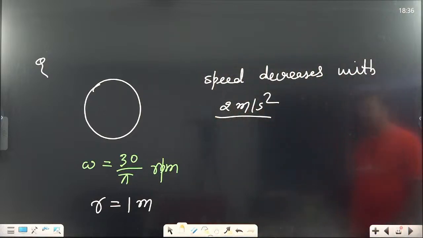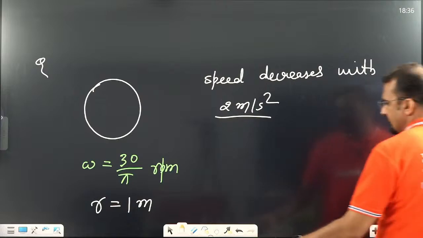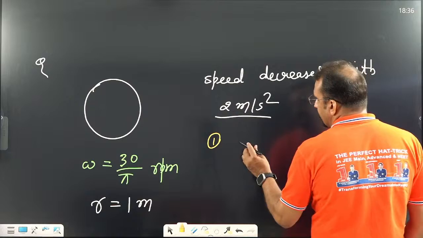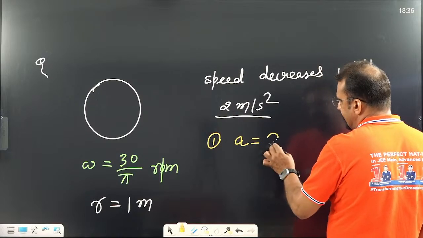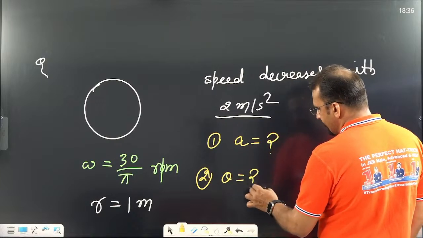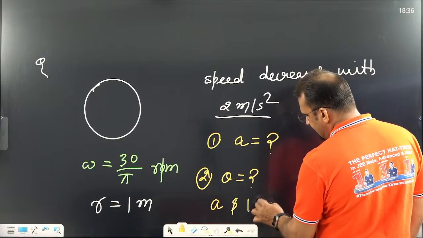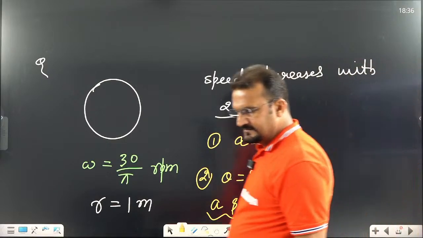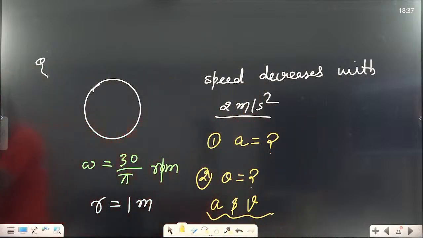What you have to calculate: first, find the magnitude of net acceleration. Second, find the angle between net acceleration and velocity. Find it fast. What is the right answer? Try to solve it by yourself. Use whatever concept. If you are able to solve this question, that means whatever I have taught you today is clear to you guys.